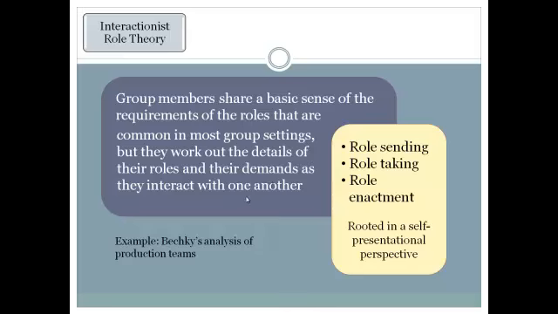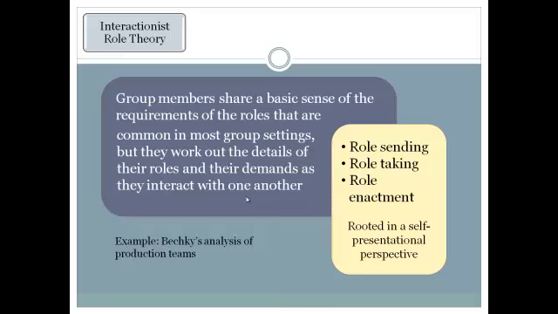Okay, the interactionist role theory talks about how roles evolve in a group through the interactions we have with each other. The roles are developing, and it comes about through various ways in which we interact with each other.